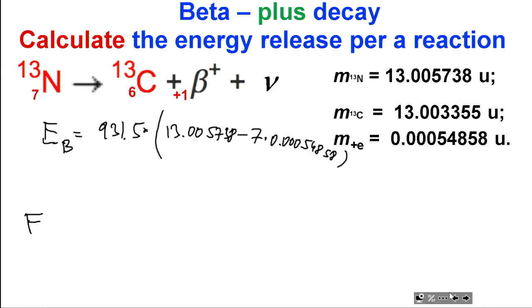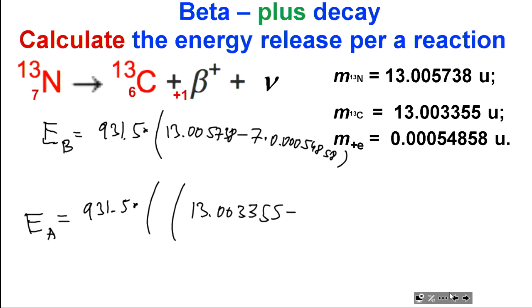For the energy stored in each particle after, we have to do the same, 931.5 times, for the carbon, atomic mass 13.003355, but I need to subtract 6 electron masses to get the mass of its nucleus.